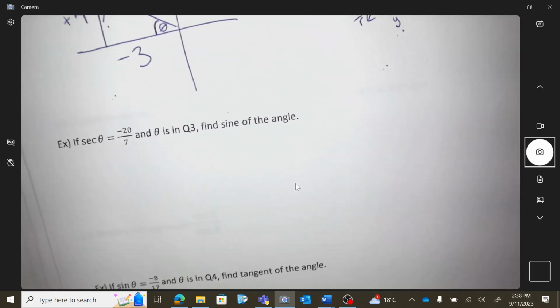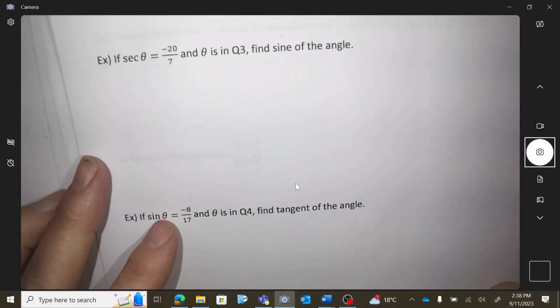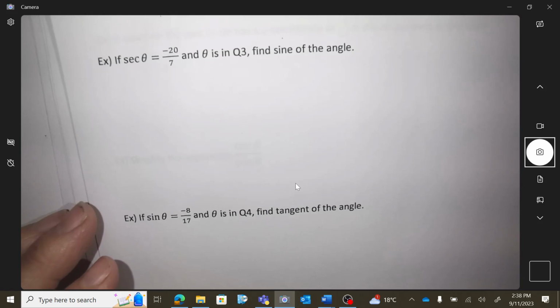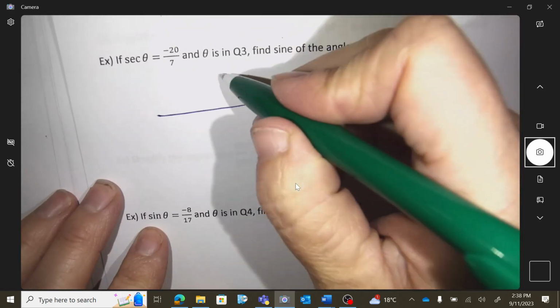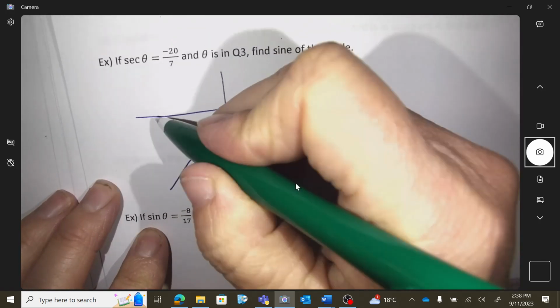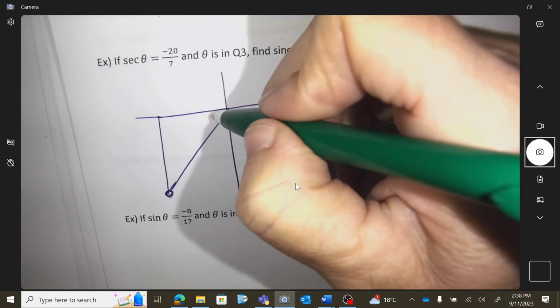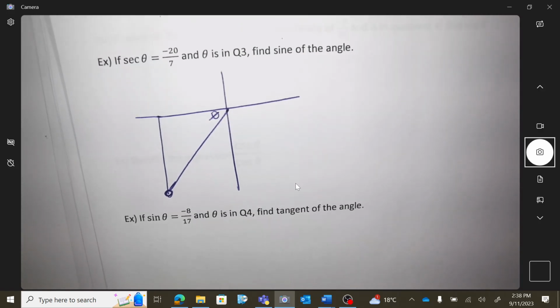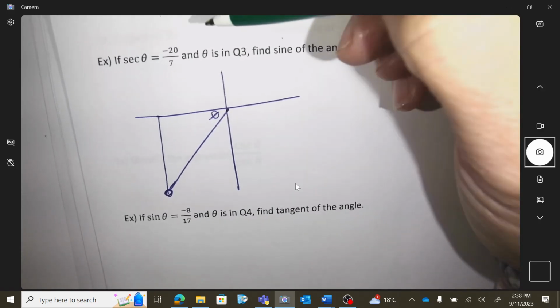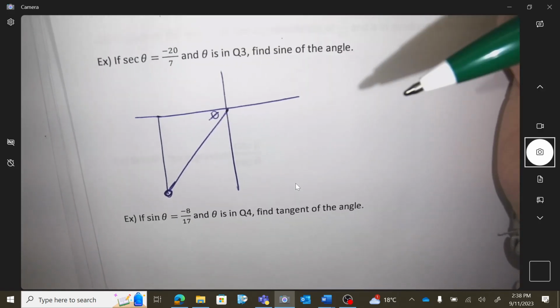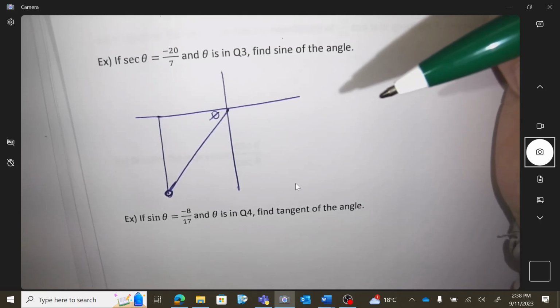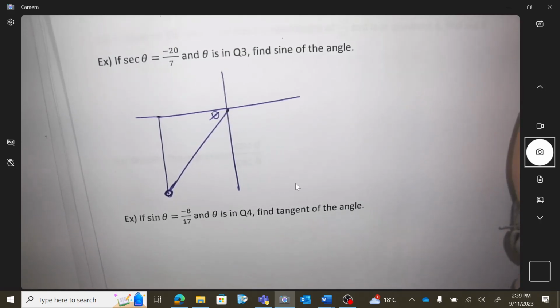Okay, this time, if secant is this ratio and it's in quadrant 3, so I'm in quadrant 3, secant is what over what? I need 2 letters for a fraction.